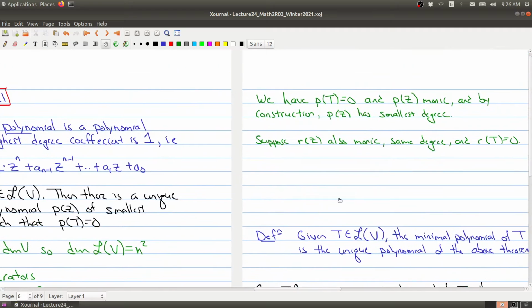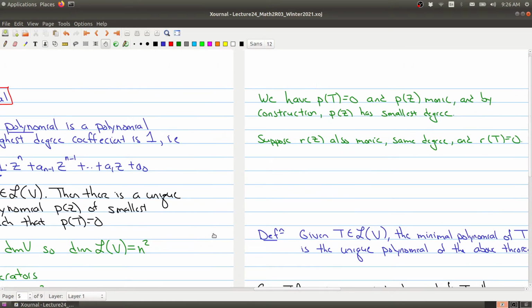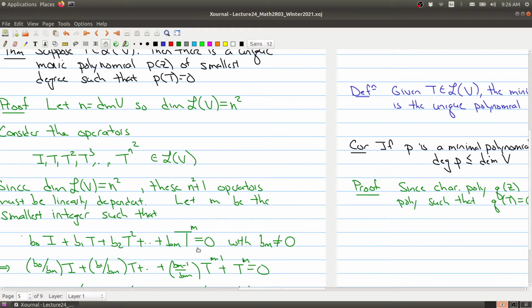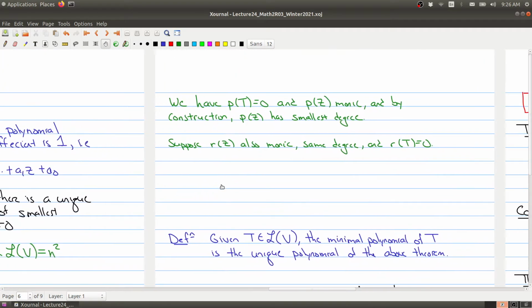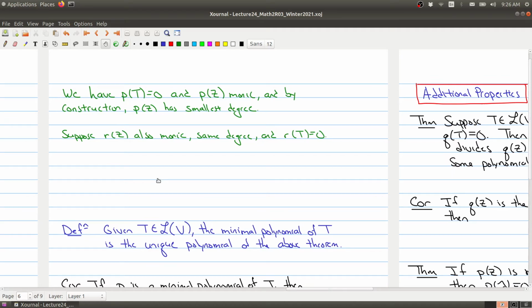By construction, it has the smallest degree because we took the smallest m for which we have the relation. There's only one thing left to prove, that this is the only polynomial of this degree. Suppose that there was another monic polynomial of the same degree, r, such that when you plugged in T, you get 0.